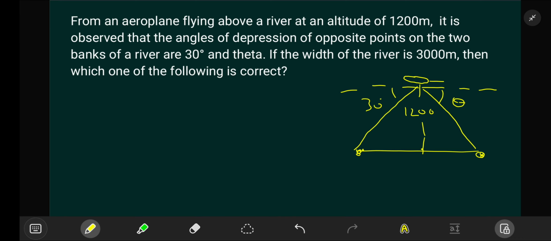The width of the river is 3000 meters. This is the width only. Between the distance of two banks is the width of the river.